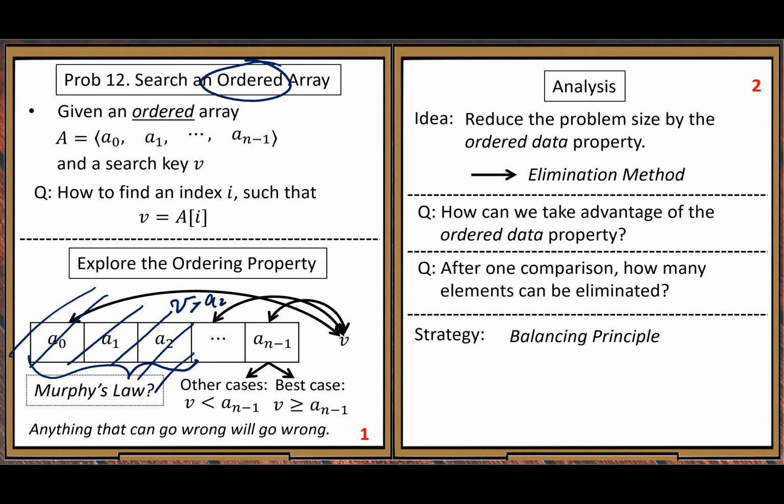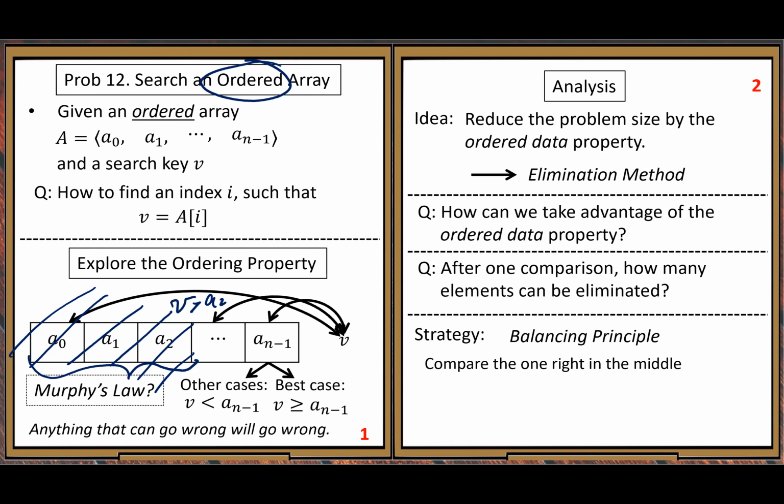Balance the data distribution. That means you should split all the coins in a balanced way. Evenly split. So that kind of balancing principle, we can use.